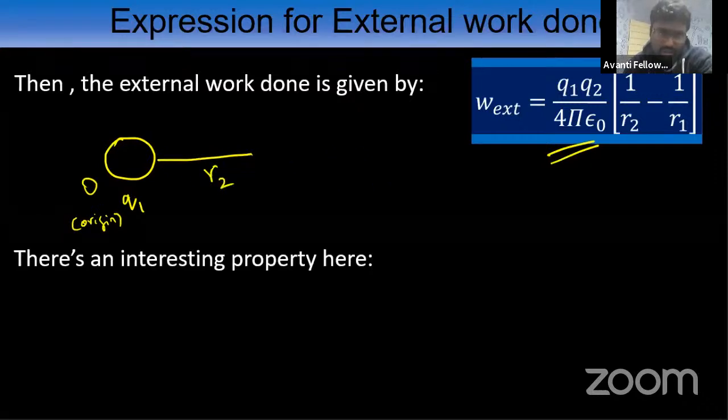I had R2 here, the separation between my Q1 and Q2. Now I had to bring this Q2 from infinity to a separation of R2, right?